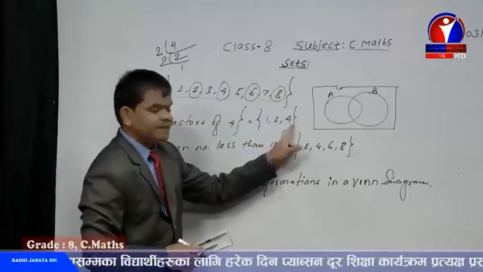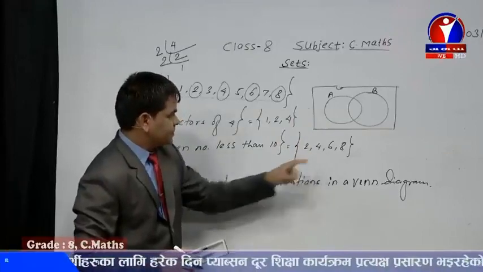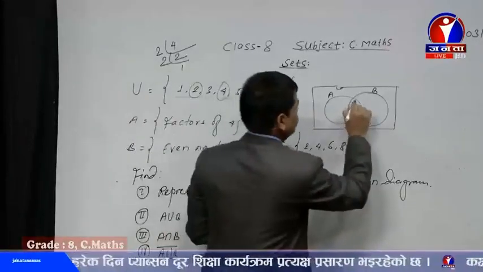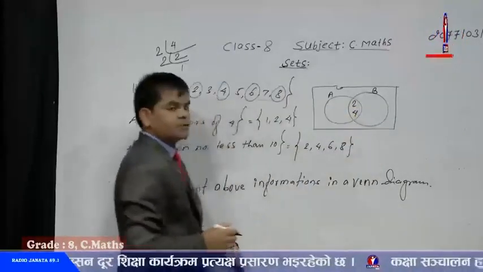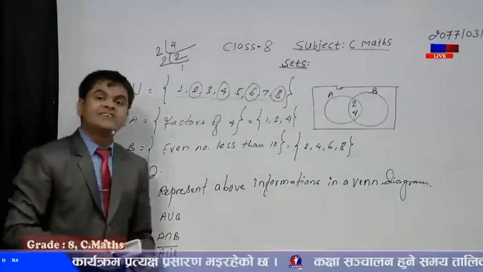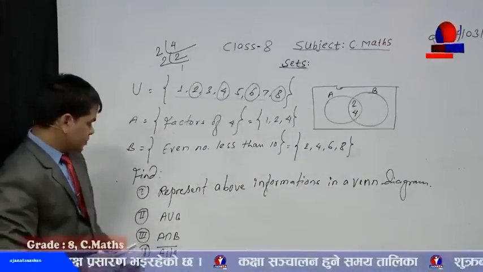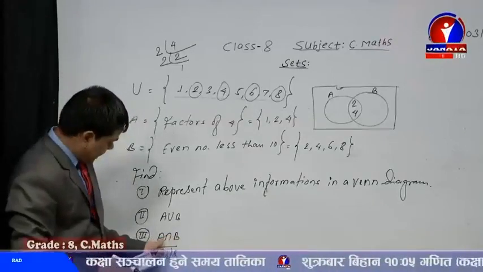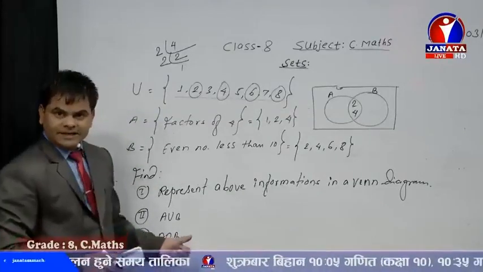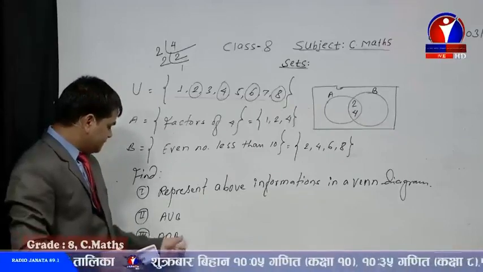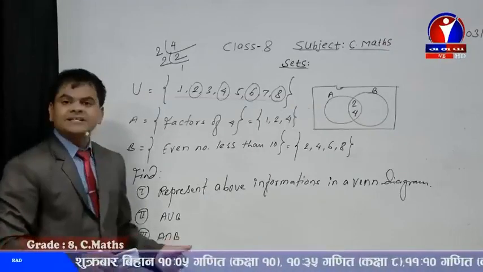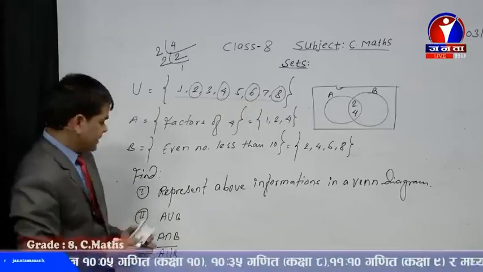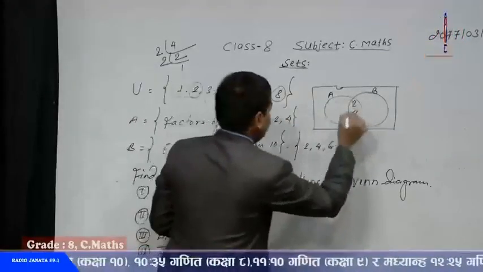If you see, 2 and 4 are common, dear students. So let's keep 2 and 4 in the common space, which are also known as the answer of A intersection B. They are the solution of A intersection B. So we can write A intersection B in the listing way as 2, 4. So we have kept the common elements.